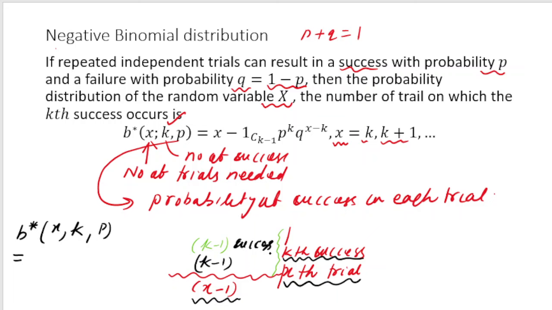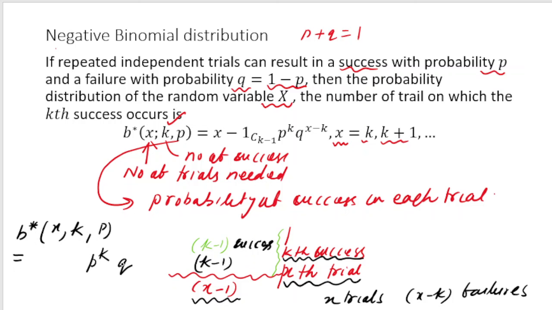The total number of successes is k, and the probability of each success is p, so it will be p to the power k. How many failures will happen? Out of x trials, with k successes, there will be x minus k failures.